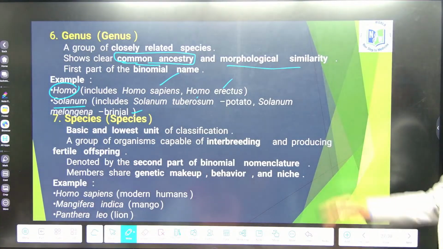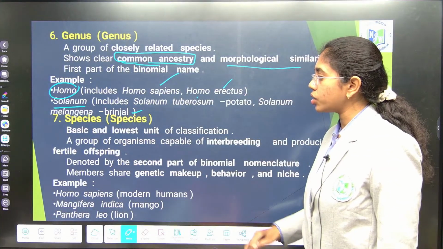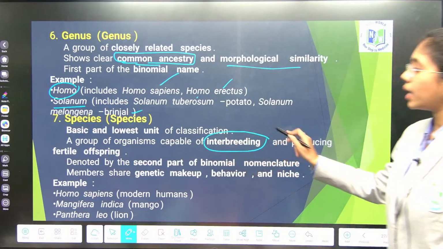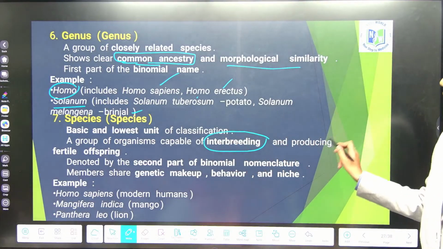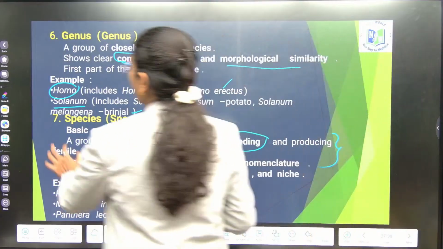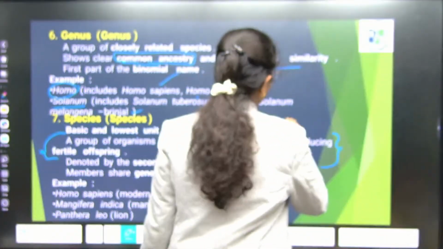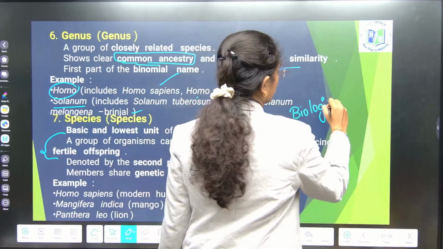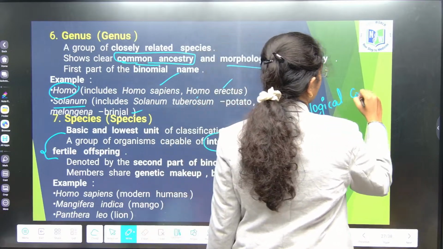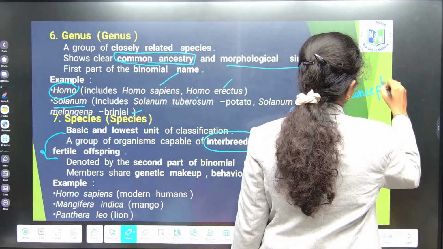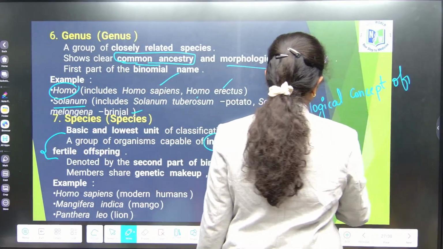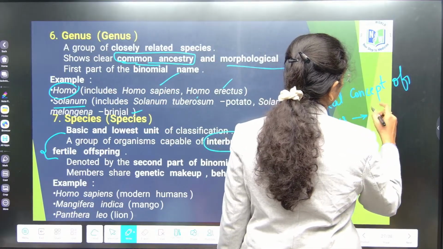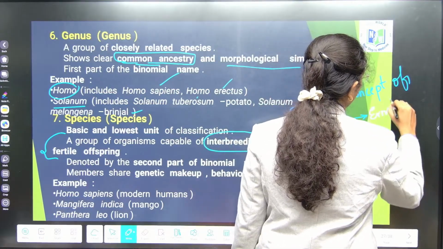Next is species, which is the lowest unit of classification. This includes a group of organisms which are interbreeding and producing fertile offspring. This is dealt under what concept? Biological concept of species, proposed by whom? Ernst Mayr.